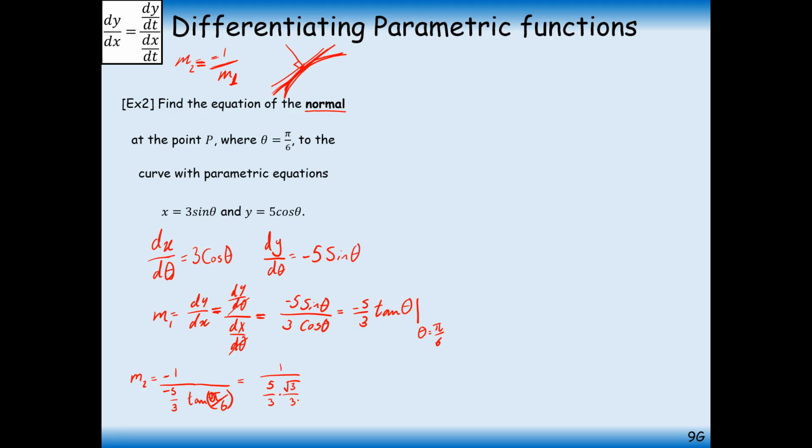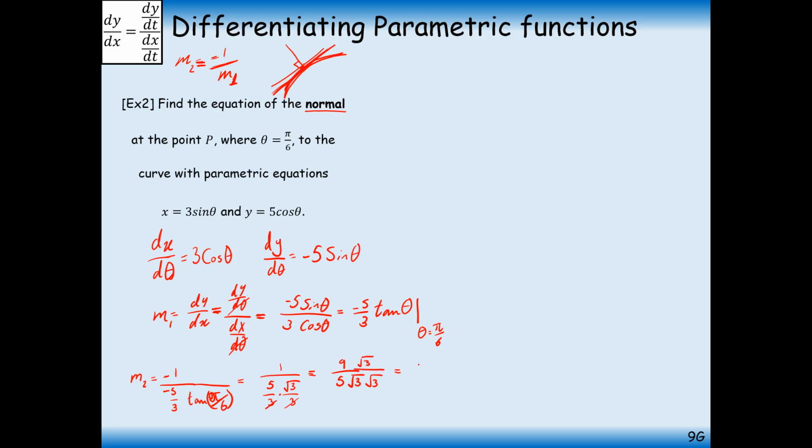And so these two threes, we can write on top of the fraction as 9, and we'll have 9 over 5 root 3. Now you could rationalize this.